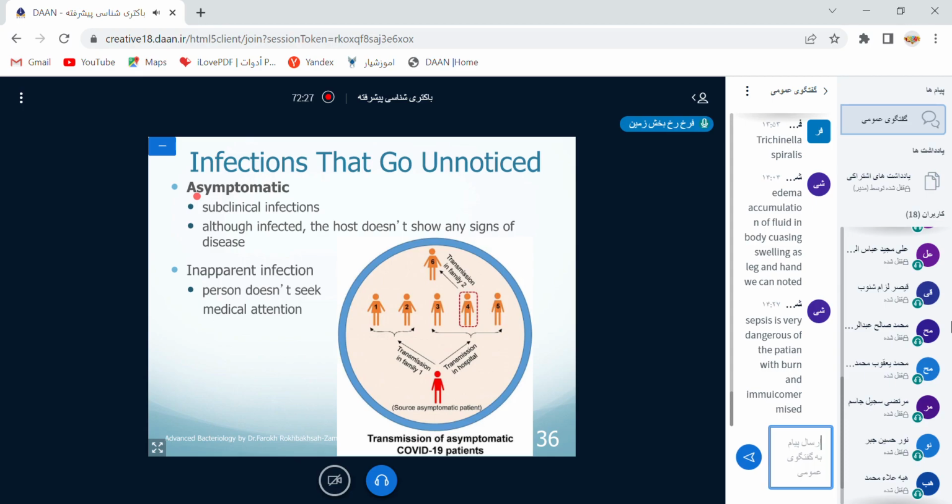But when one person has asymptomatic infection, the person doesn't know he has any disease or infection. So going among the people, among the family, he can infect them without understanding it.